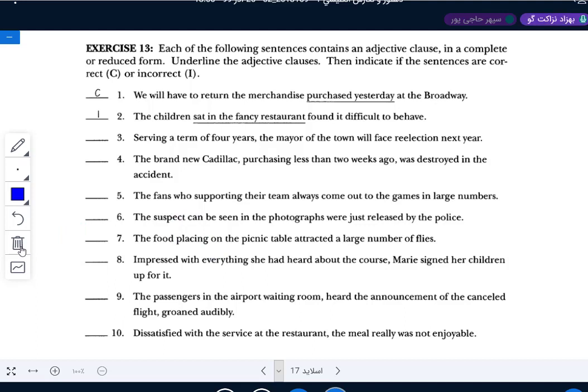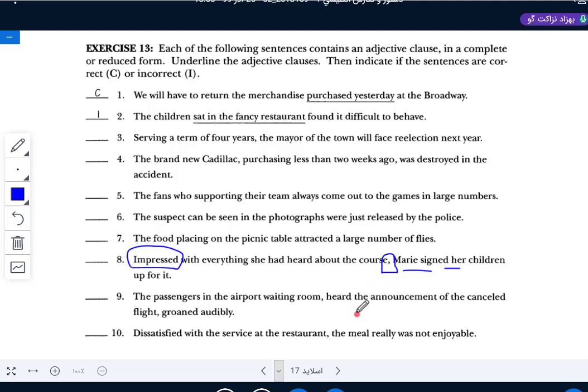Number 8, go on. Impressed with everything she had heard about the course, Mary signed her children up for it. Okay, so correct or incorrect? I have a comma. Immediately after the comma, I see the subject and verb. Before this, I have a participial phrase.